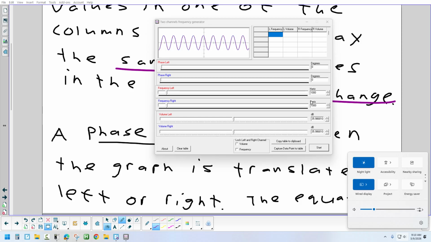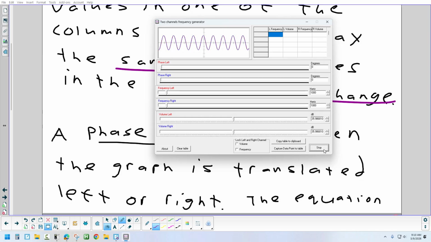That means the sound is cycling 1,000 times per second, and that 1,000 times per second translates into what you hear. Right? It's not a super high pitched sound. Let me just turn it down a little bit. Now what I'm going to do is slide the phase to the right, and I'll let you hear it as it's moving.